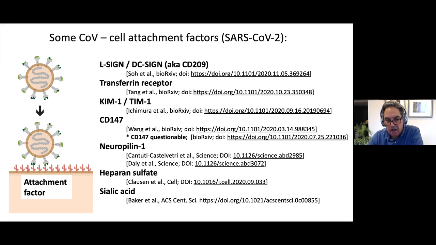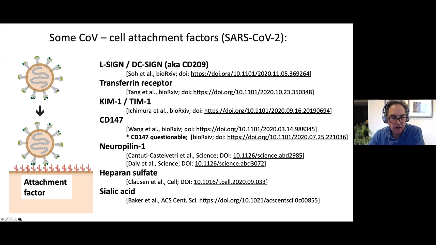As I see it at this time, the field's in the process of sorting out which of these attachment factors, largely identified in vitro, are really the most meaningful to infection, particularly in vivo infection. And that's work that I would claim still needs to be done.